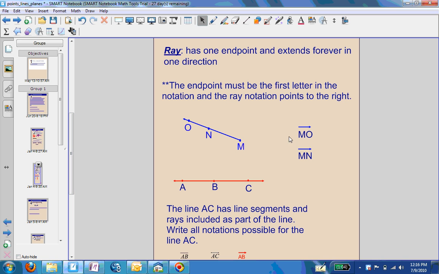So for example, in the picture, you could call this ray MN or MO. You would never use three letters to describe this ray. You have to include the M because that's the endpoint, and it must be the first letter in your notation. Again, the arrow has to point to the right even though in the picture it's pointing towards the left.